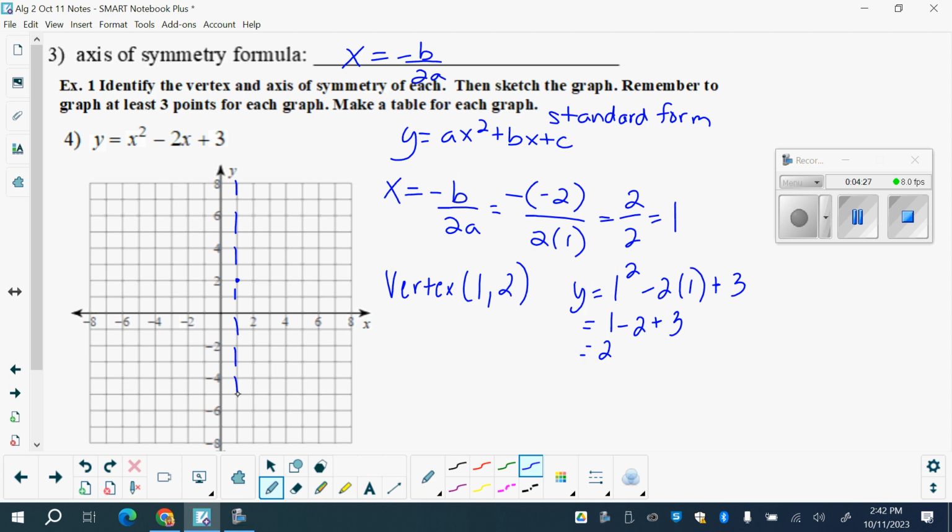So we're going to make a table. And that just helps us organize the information. So we have the vertex. We're going to put that point there. And this says that remember to make a graph at least 3 points. Some teachers will ask you to do 5 because really it would be more accurate with 5.